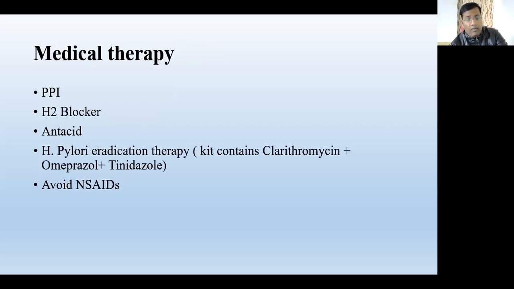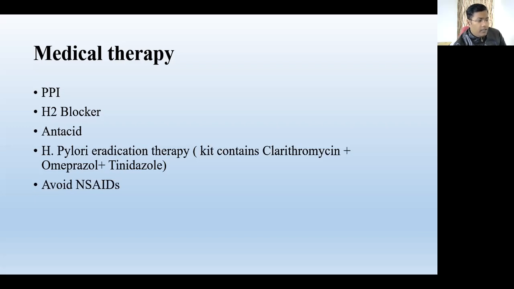Now the medical therapy we discuss in case of peptic ulcer. The most common drugs used nowadays are PPIs, the proton pump inhibitors, and H2 blockers. These two drugs are the anti-secretory drugs.